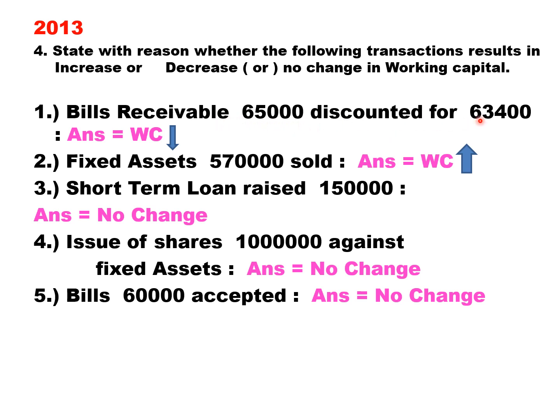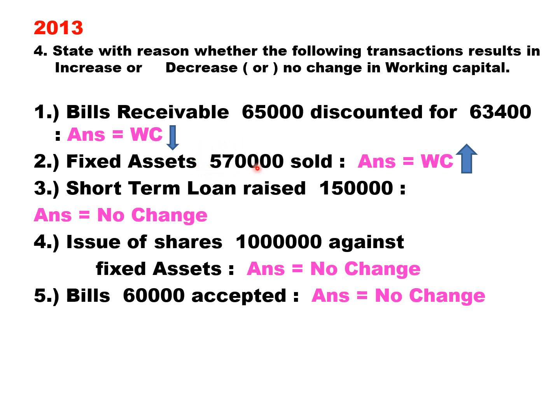So there is a net decrease in the current assets of 1,600. BR is a current asset, cash is a current asset, but there is a decrease in the net current asset of 1,600. So working capital decreases.